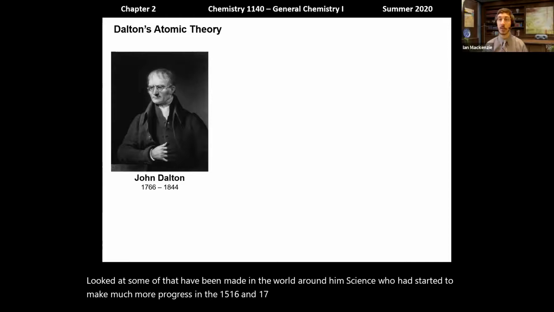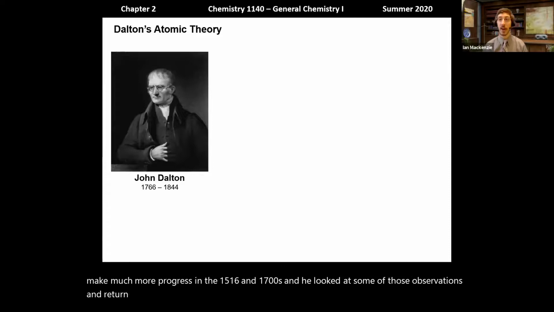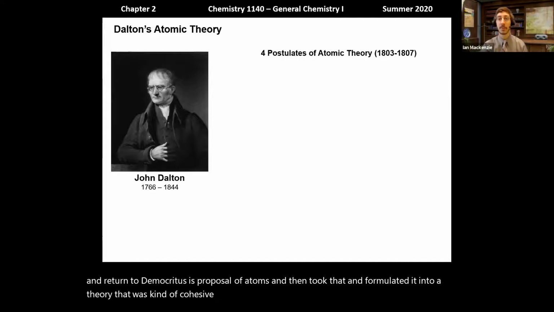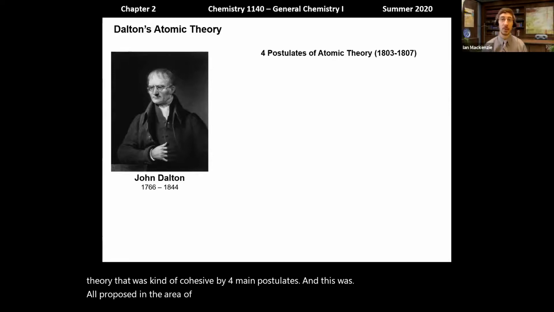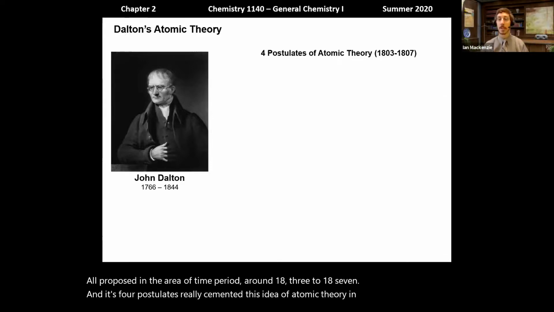And he looked at some of those observations and returned to Democritus's proposal of atoms, and then took that and formulated it into a theory that was kind of cohesive by 4 main postulates. This was all proposed in the time period around 1803 to 1807. And his 4 postulates really cemented this idea of atomic theory in a more complete way.